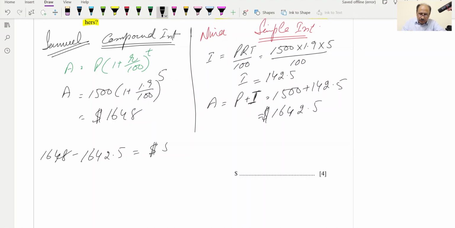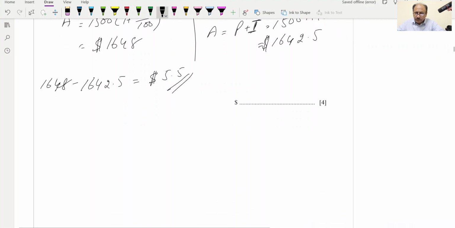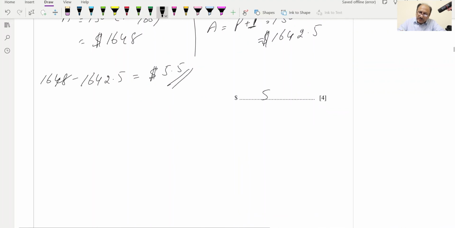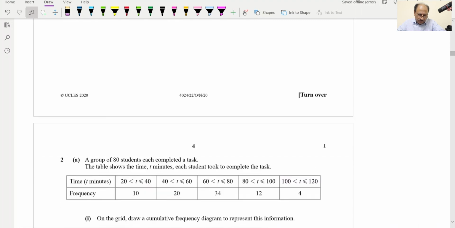So $5.5, this will be our final answer for this question. Hopefully you understood this. You can write the answer at the proper place also. This is a 4-mark part. Now question number 2.